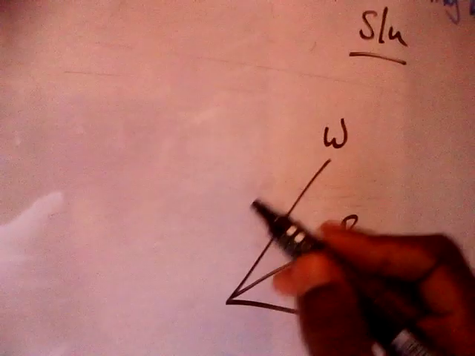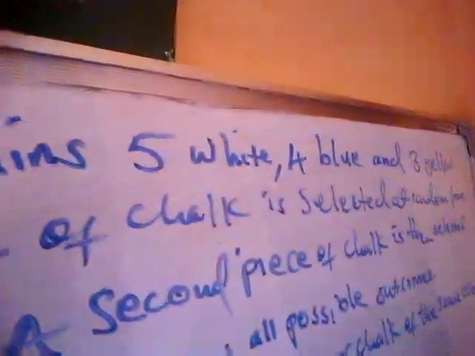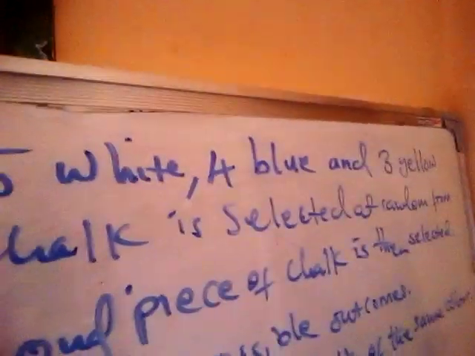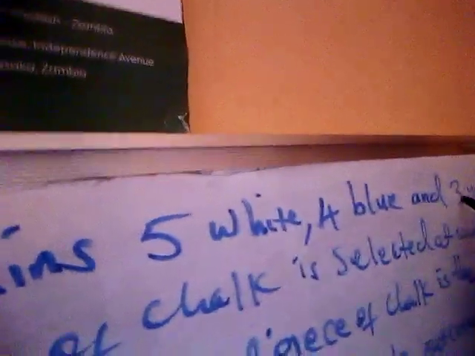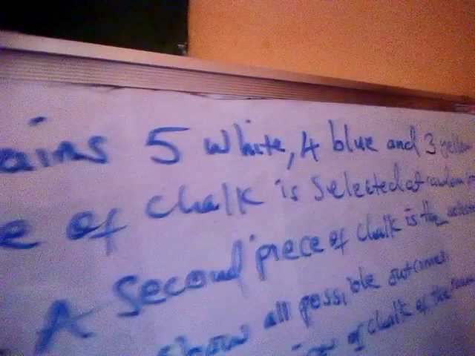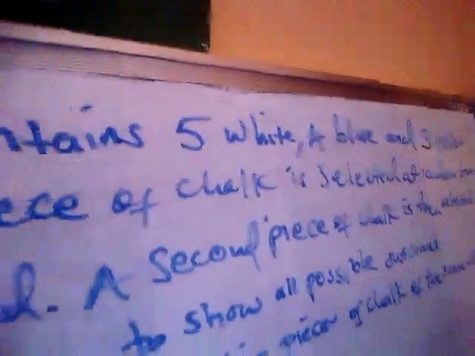The white were 5 out of the total number of the pieces of chalk. 5 plus 4, that's 9. 9 plus 3, that's 12. So the total number of the pieces of chalk were actually 12. 5 plus 4, 9 plus 3, 12, right?